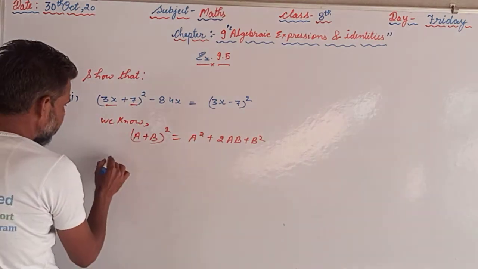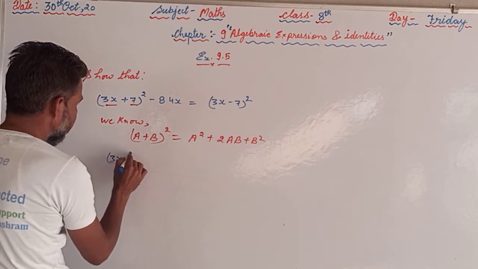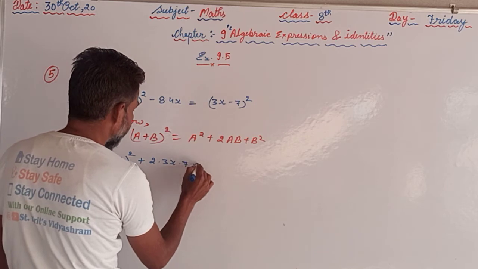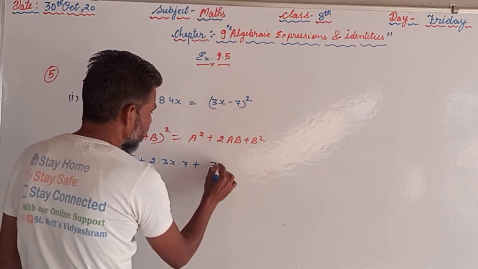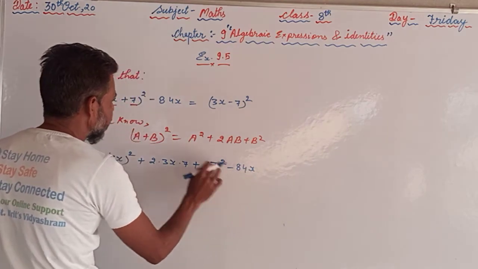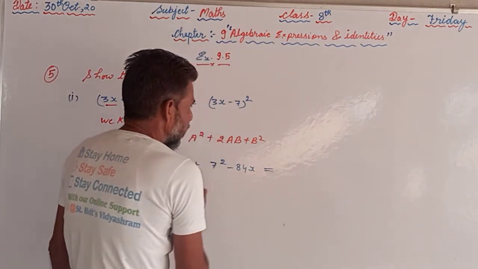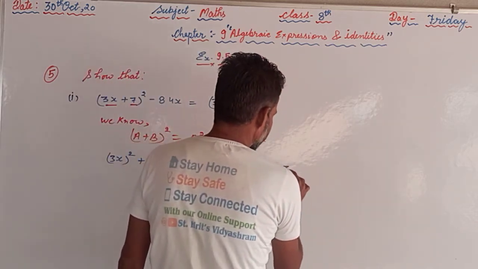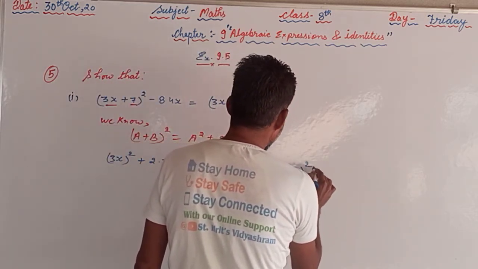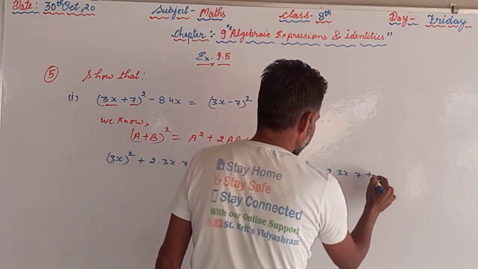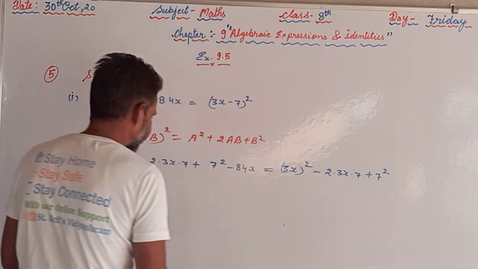So, a square means (3x) whole square plus 2ab, 2 into 3x into 7 plus b square means 7 square, and minus 84x is given here, and equals to, if minus sign is there then it will become minus. So, (3x) whole square minus 2 into 3x into 7 plus 7 square.